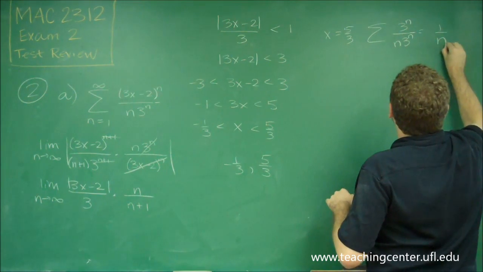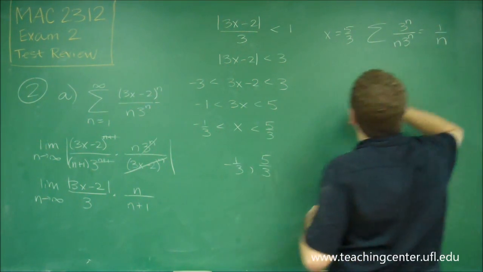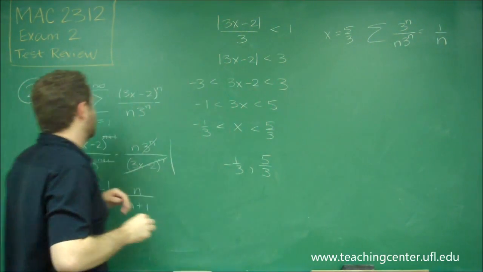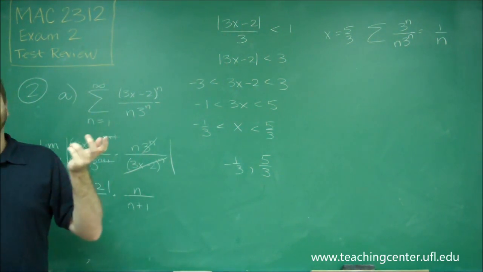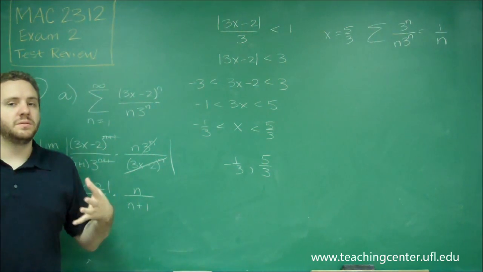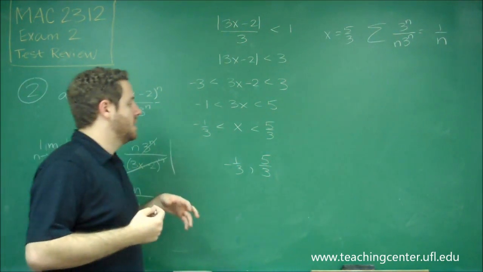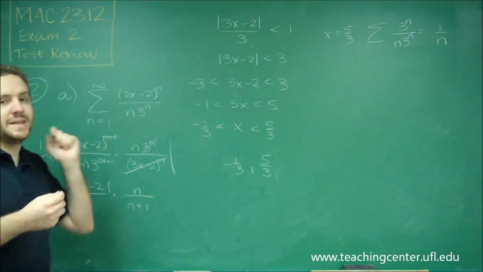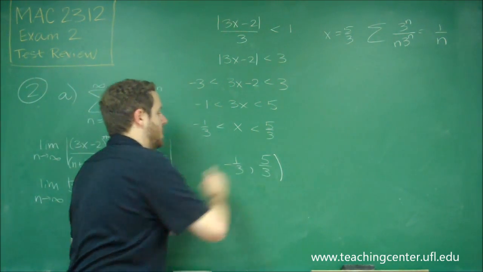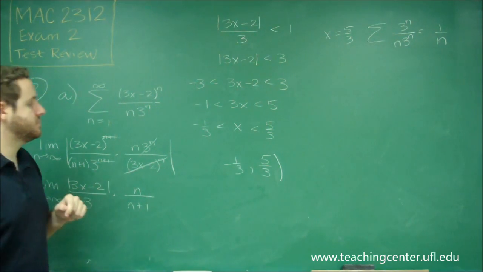In other words, just 1 over n. And you know that the sum of 1 over n, the p series with p equals 1, the harmonic series, diverges. So we know that 5/3 actually does make this diverge, so that's not in the interval of convergence. We can for sure put a parenthesis there.